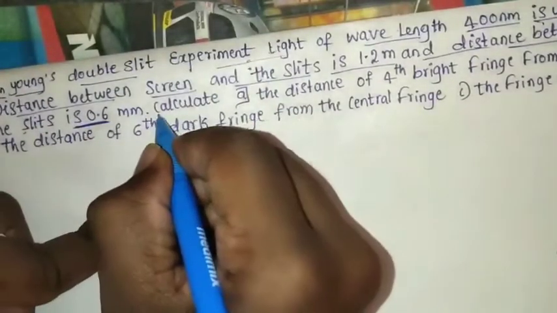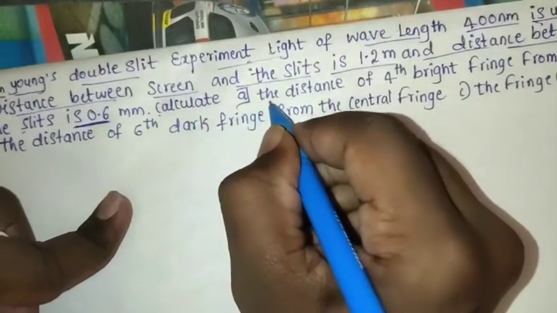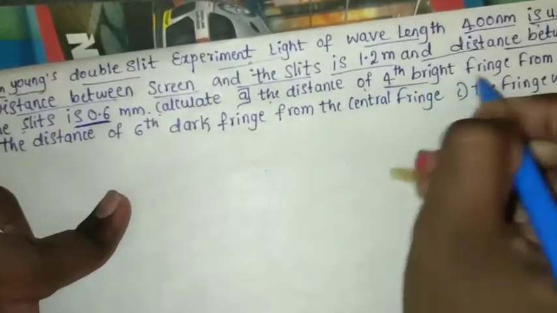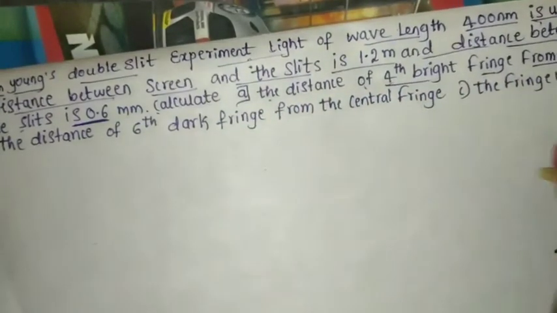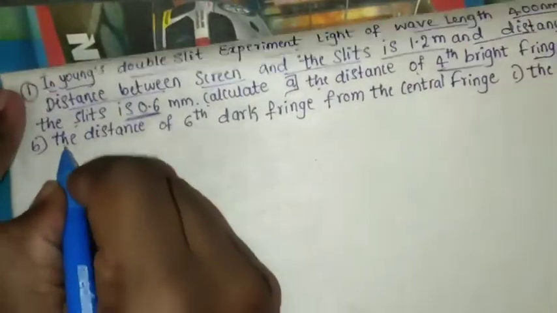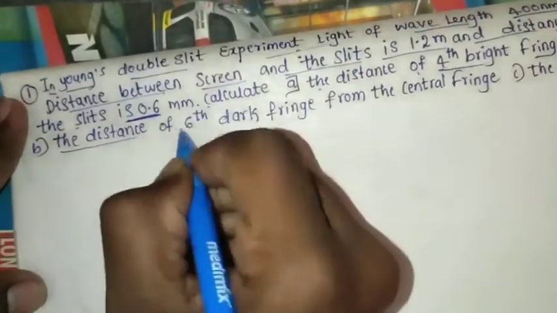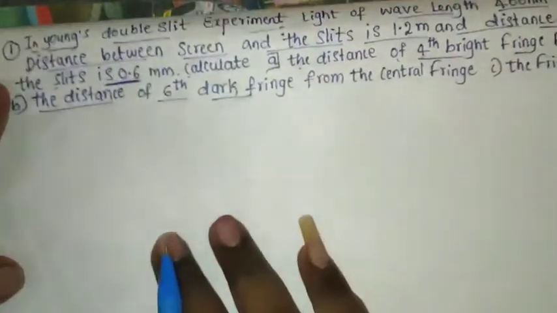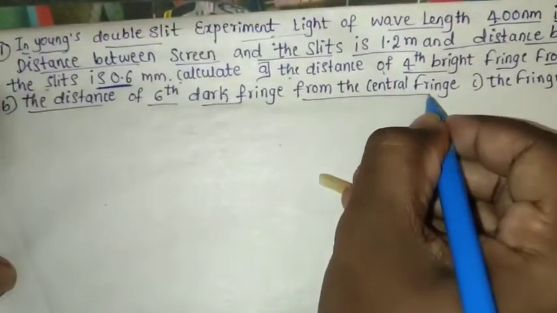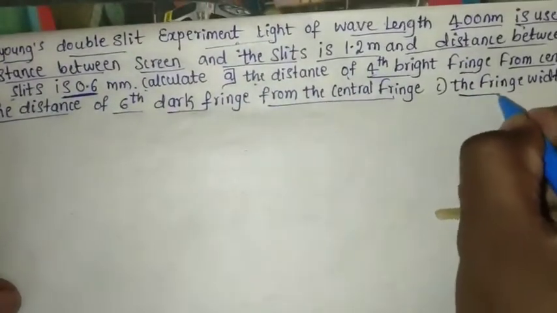Calculate A, the distance of the 4th bright fringe from the center, B, the distance of the 6th dark fringe from the center fringe, and C, the fringe width.